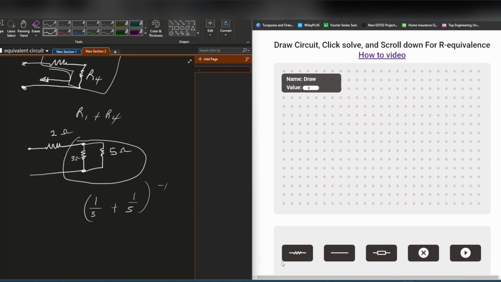Now I could do this on a calculator, but I'm going to try this. So we have this here, this here, it is pretty slow.